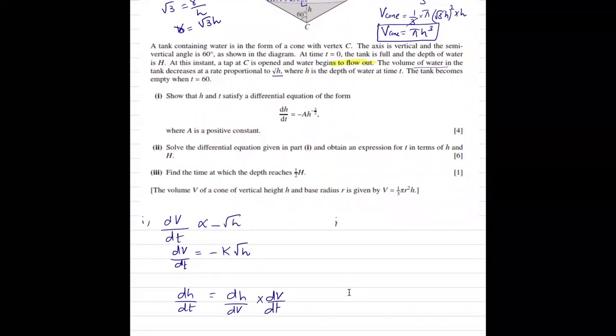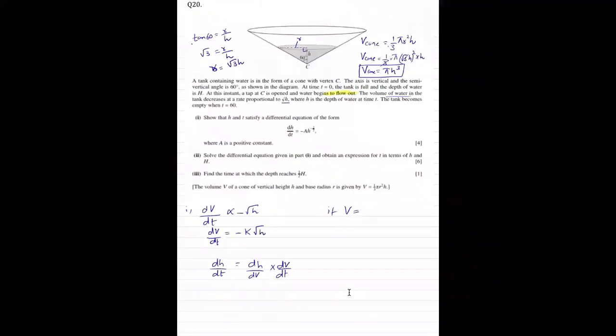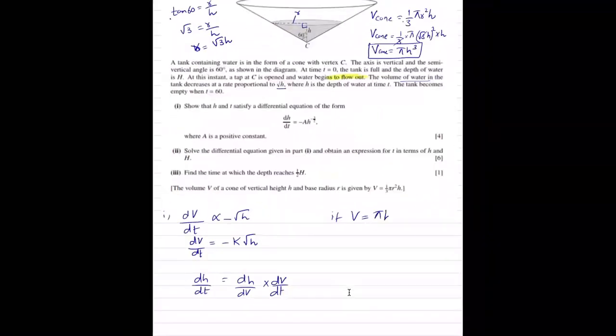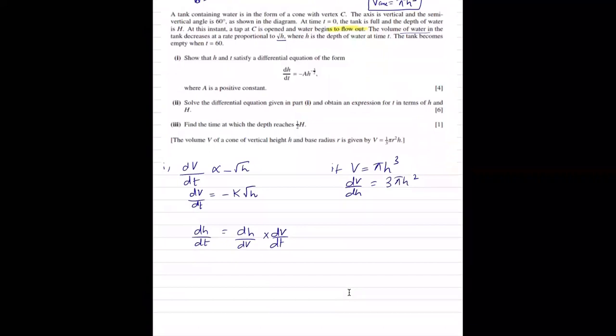If the volume of the water in the cone is equal to pi h cubed, then dV over dh will be 3 pi h squared. So dh over dV is going to be equal to 1 upon 3 pi h squared. dV over dt is minus k square root h, and this is equal to dh over dt.